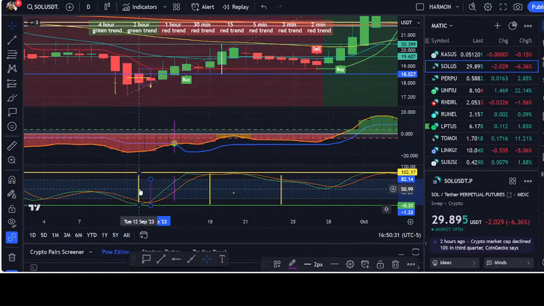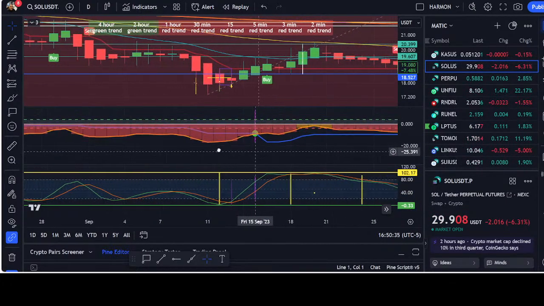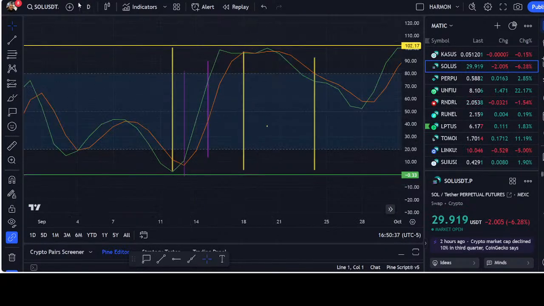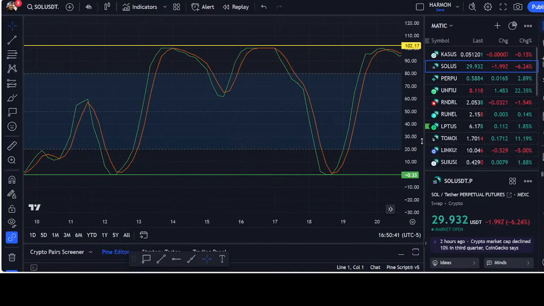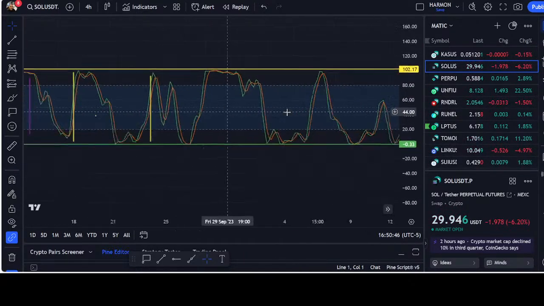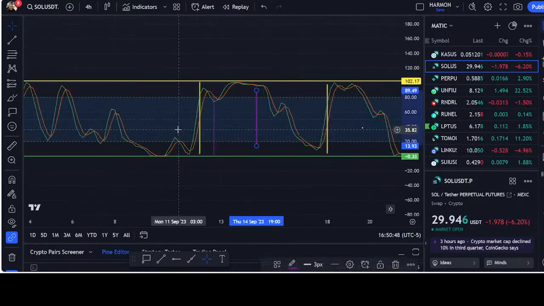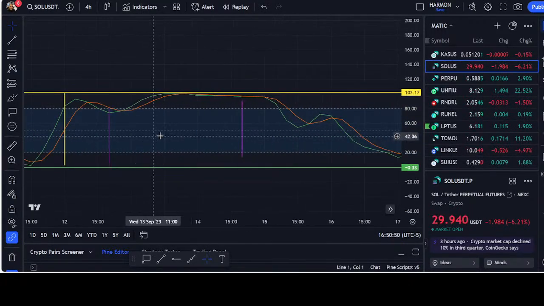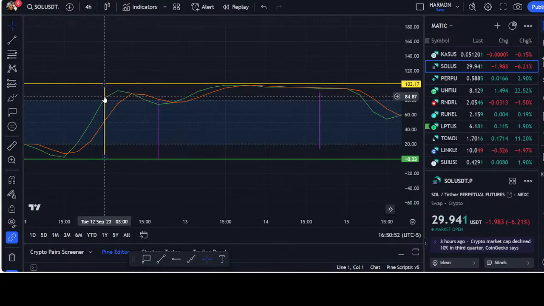And now what I want to do is review the overall picture, because I want to cover how it would look on your checklist, right? So let's go to our checklist here. On our checklist, the 2 hour hits here. Notice that your 2 hour RSI still has room to go up, right?